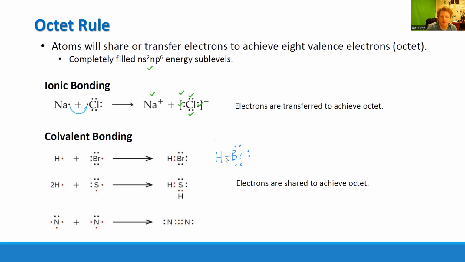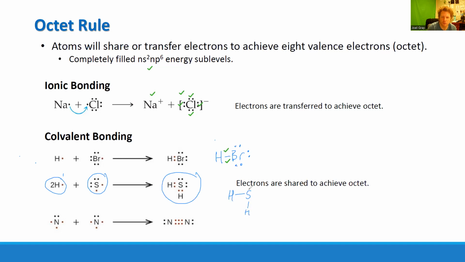And this single line right there represents a sharing of 2 electrons. Something like H2S would look like this right here, where S rolls in with a total of 6 valence electrons. Each hydrogen rolls in with 1 valence electron. And another way to depict H2S would look like this.